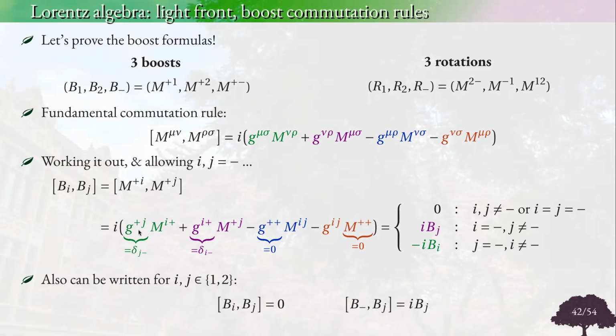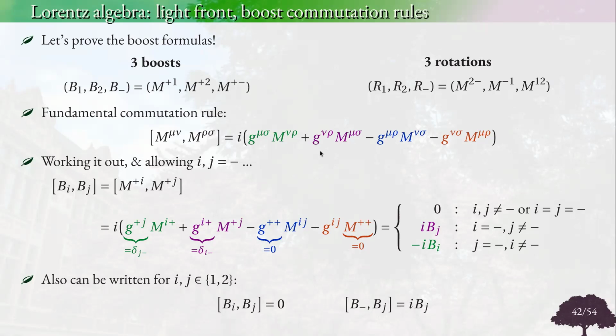And you have G plus and something. This is off diagonal, but if j is minus, our light front metric is off diagonal, so G plus minus is 1. So basically it can be written as a Kronecker delta. It's 0 unless j is minus. Similarly, for the purple term, 0 unless i is minus.